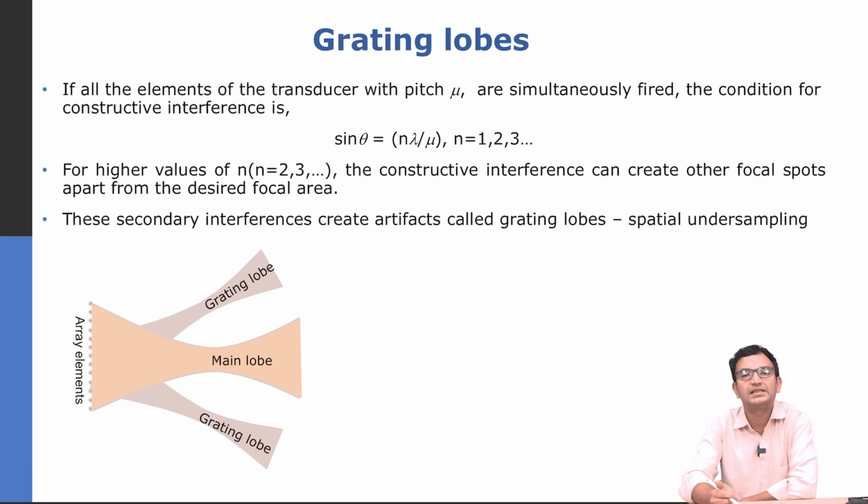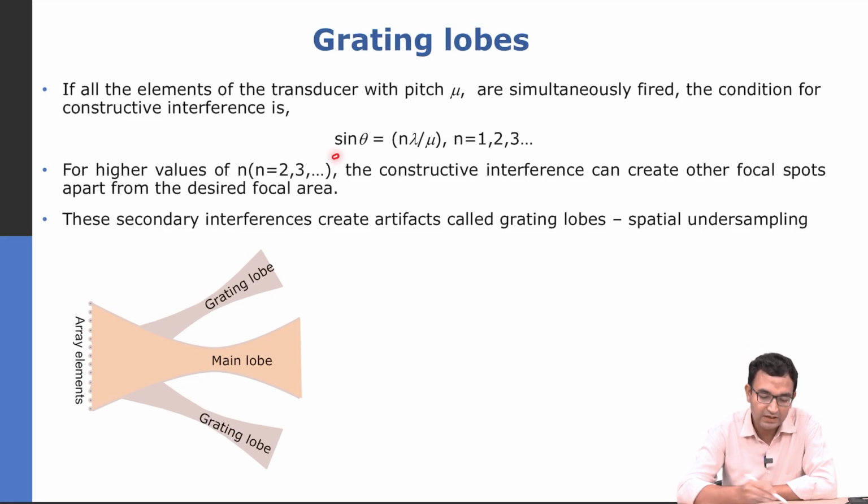Now let's discuss a confounding factor called grating lobes, which creates artifacts. So if you have the elements of the transducer with pitch of mu, when they are simultaneously fired, you will get constructive interference in certain areas.